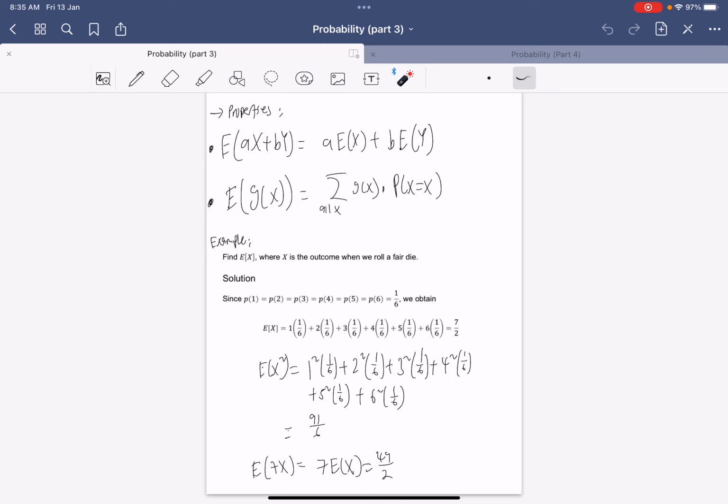And hence, let's just take a very simple example to summarize our conceptual understanding of what is expectation. And so let's take E[X] to be the expectation for when we roll a fair dice. So the probability of any of the values occurring is 1/6, and so when we sum them up it is 7/2.